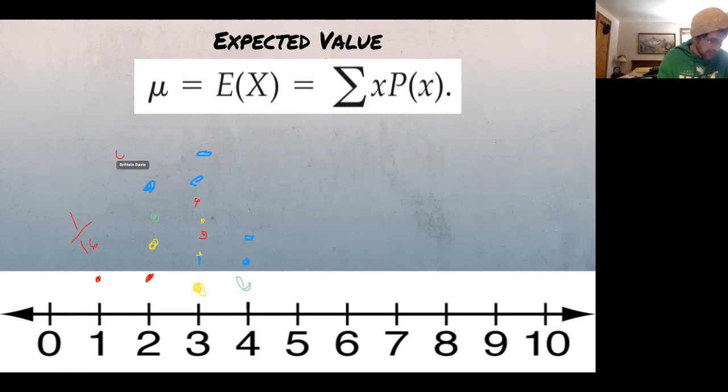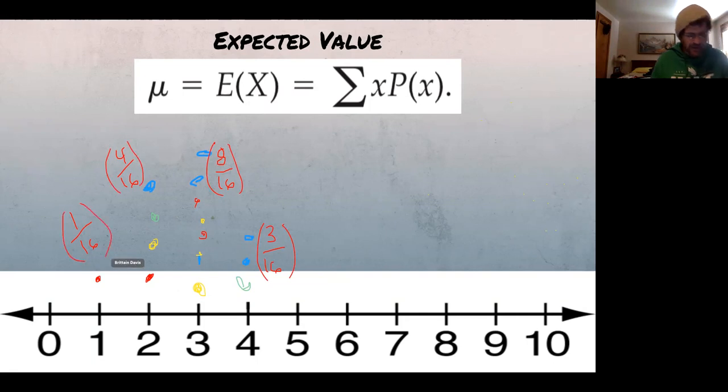This is a 4 in 16 probability. This is 8 in 16 for this one. And then I just want to make sure we did our math right. Yep, we did 3 in 16. So it all works out. So these are the probabilities. The parentheses don't mean anything notation-wise. I just want to separate it out.